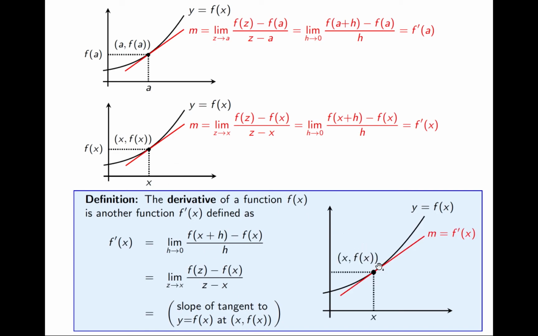So the picture is this. Here's your point x, f of x. Here's your tangent line. Its slope m is f prime of x, where f prime of x is as defined here. This is our big definition for this course, the definition of a derivative.